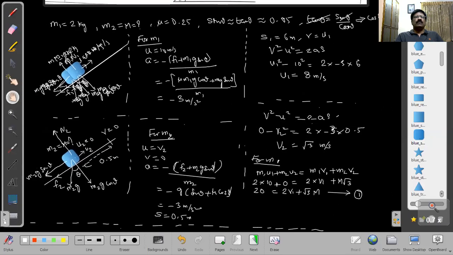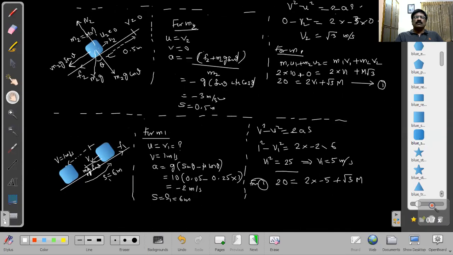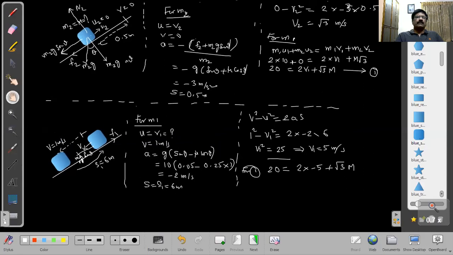So before collision, the velocity with which it makes collision is 8. So we substitute 8 here. 8 times 2 means you will get 16. So here it becomes 16, not 20.